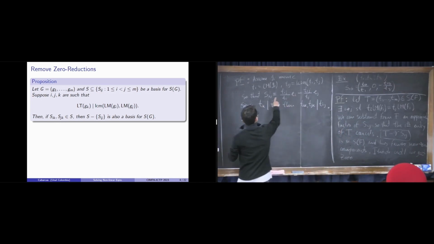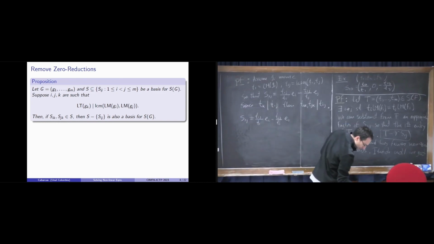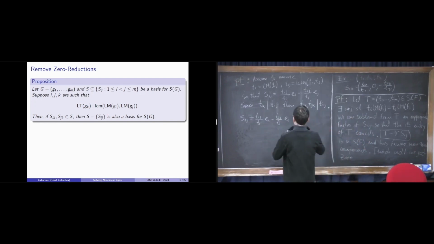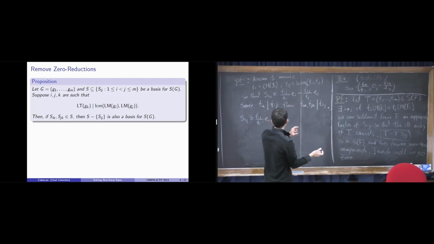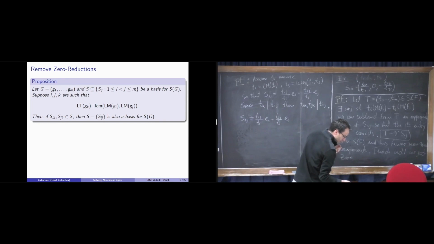Okay, so by definition, Sij is simply Tij over Ti in position Ei minus Tij over Tj in position Ej. And then what I'm gonna do here is multiply by something, add something, so that these things get canceled and I get at the end what I want, which is Tik and Tjk in the picture. So what do I have to multiply by?